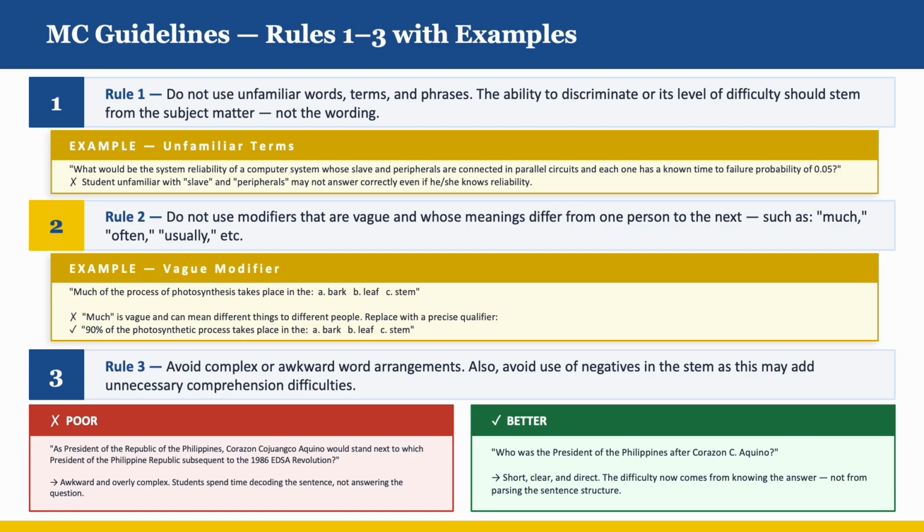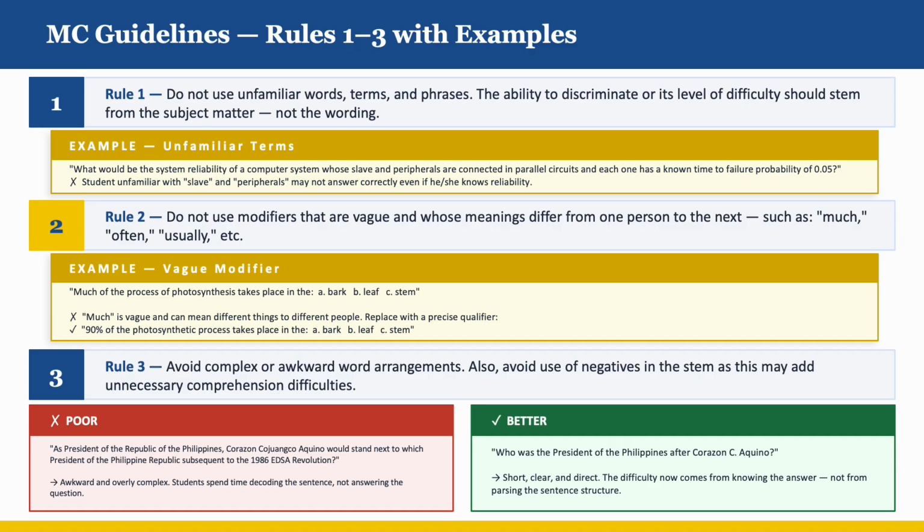Okay, rule number 3. Avoid complex or awkward word arrangements. And specifically, avoid negatives in the stem. So look at the poor example. As President of the Republic of the Philippines, Corazon Cuanco Aquino would stand next to which President of the Philippine Republic subsequent to the 1986 EDSA Revolution.